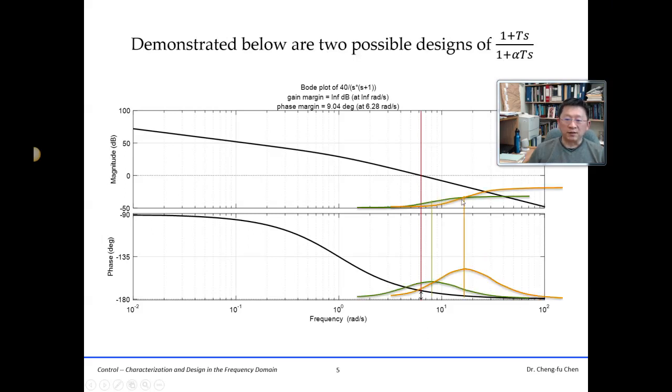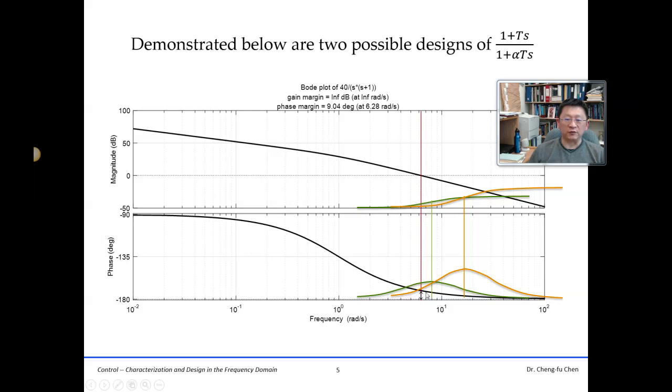In this drawing, I show two possible placements of the controller. For example, the first controller is in green color. This controller has a maximum phase angle of about 40 degrees, so it can be placed here.